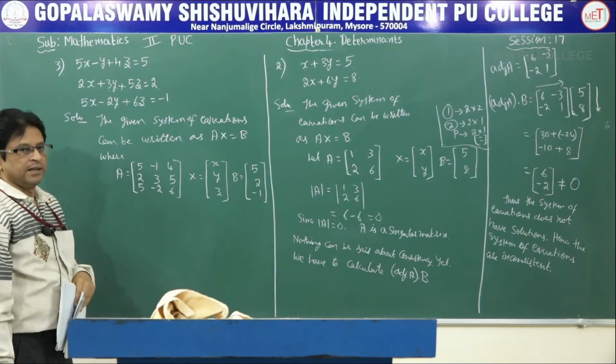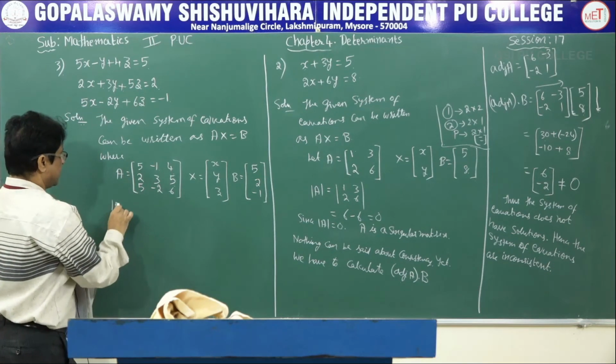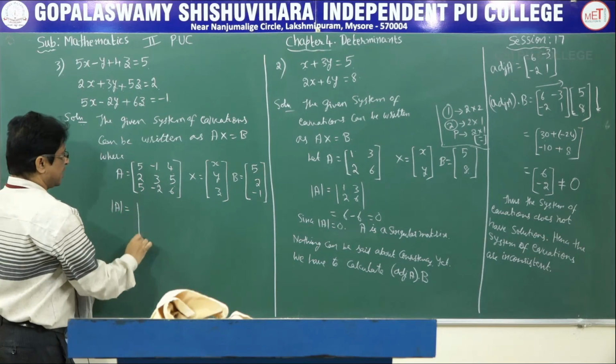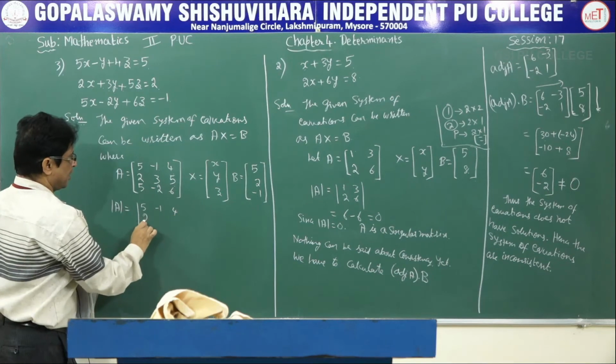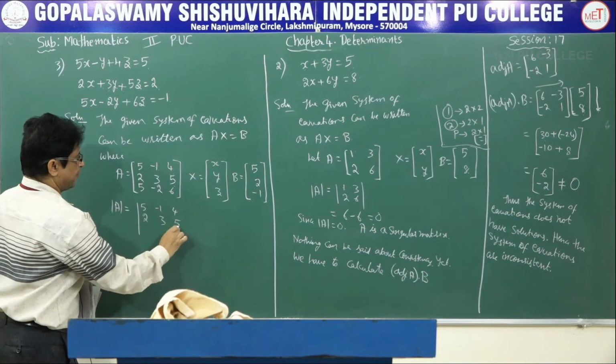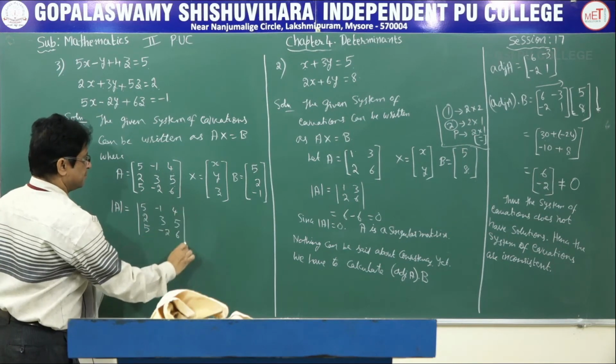Let us calculate the determinant of the given matrix. So, determinant of A is equal to determinant of 5, minus 1, 4, 2, 3, 5, 5, minus 2, 6.